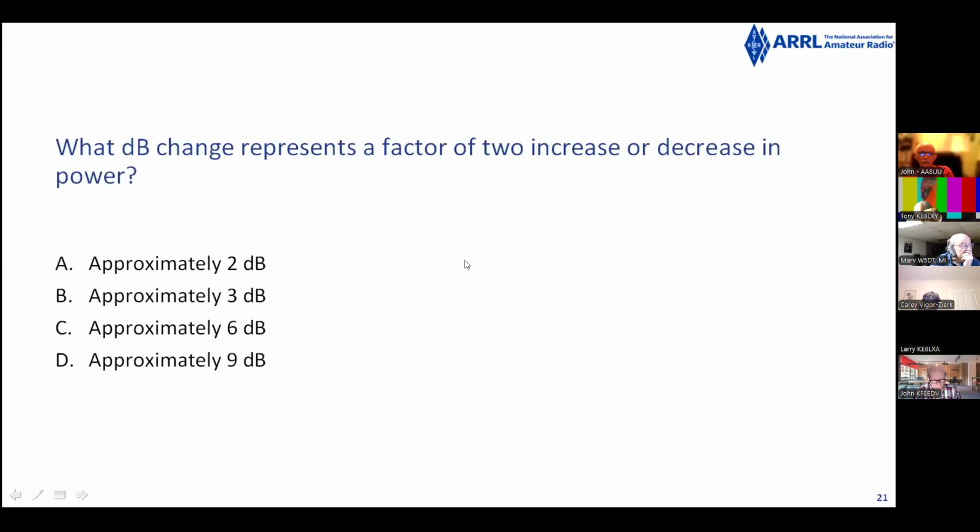Practice questions. What dB change represents a factor of 2 increase or decrease in power? Now this, I believe, is a rerun question. I think we had it last week too, in a different form. If it's a ratio of 2, either increase or decrease, that would be plus or minus how many dB?